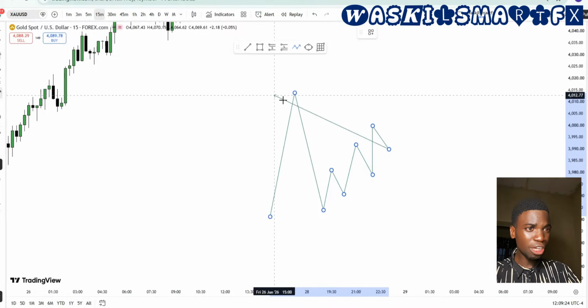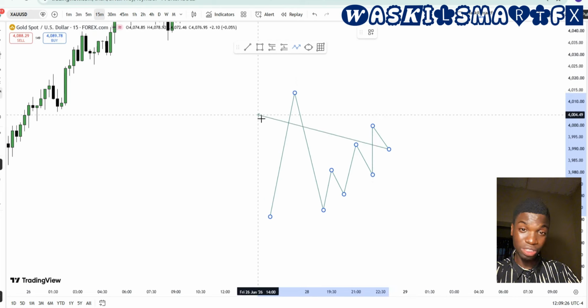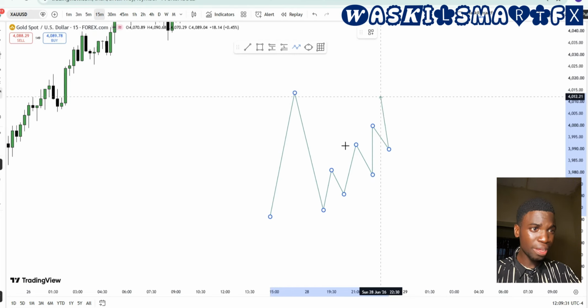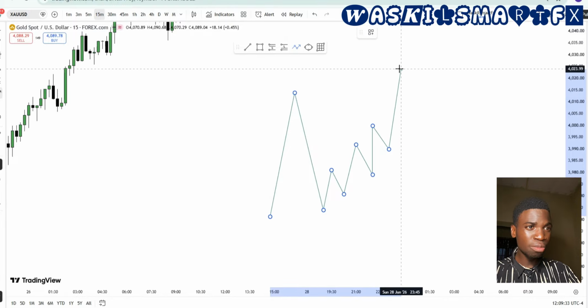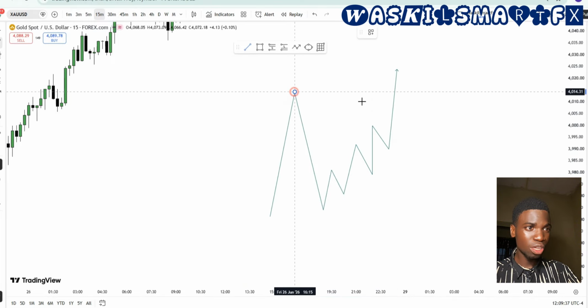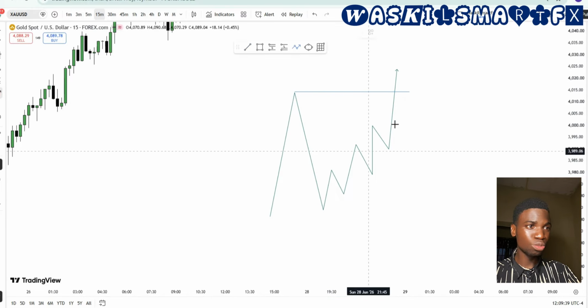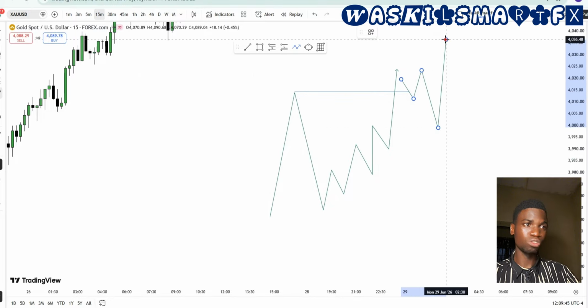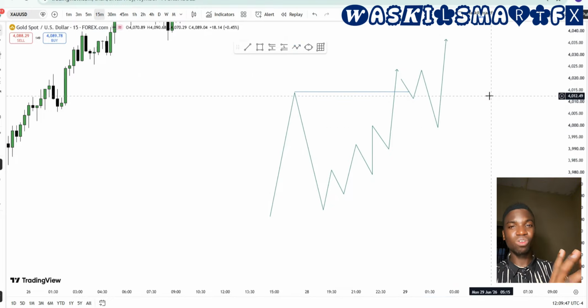The moment the market breaks this old high with a body candle, it shows that we want to continue the movement. So I'll wait for liquidity, then I will wait for the point of entry. So this is the continuation.